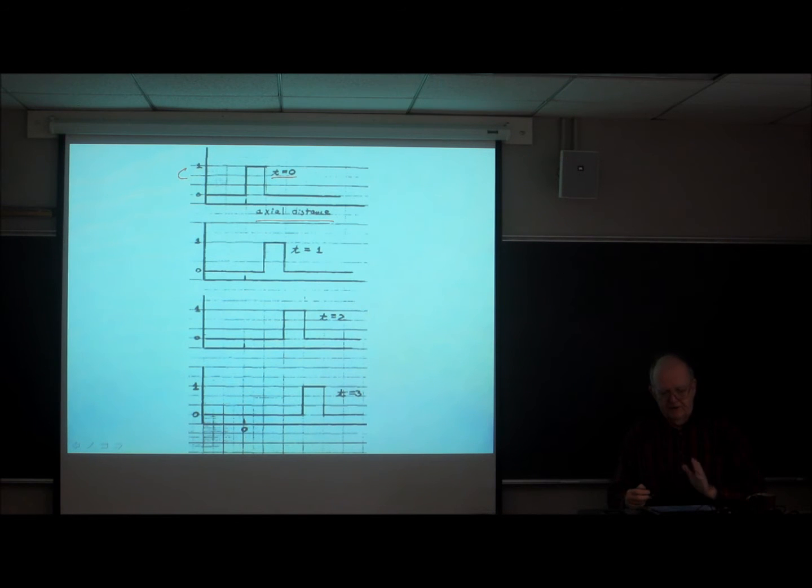As time progresses, this rectangular pulse is simply pushed down the column, and it retains its exact shape. That's what this is saying, that the shape of that never ever changes as the pulse moves along the column. Well, let's think about our assumptions.